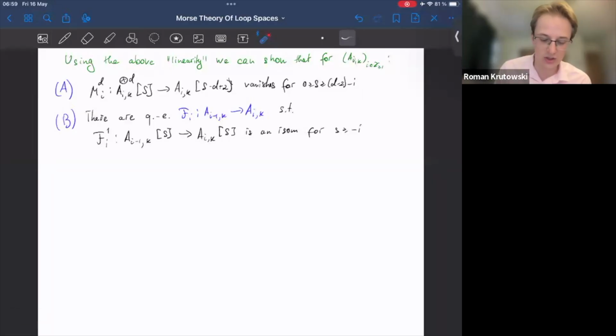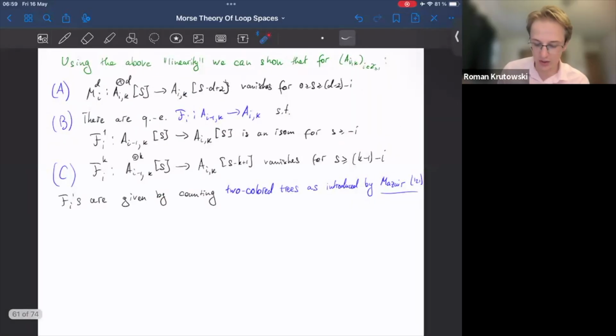Then there are quasi-equivalences between the corresponding A infinity algebras, given by some kind of natural perturbation from the action functional for lambda equals 1 over I minus 1 to lambda equals 1 over I. And these are, moreover, isomorphisms in this range, and the higher A infinity components of this A infinity functor vanish again in a significantly big range.